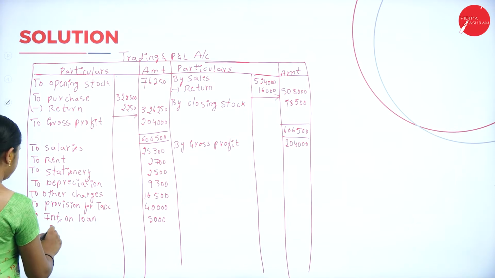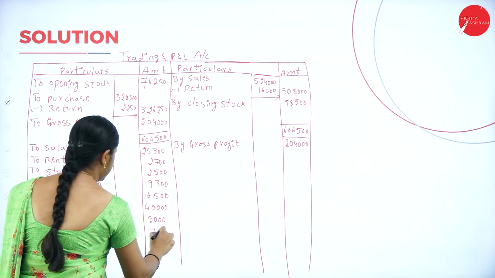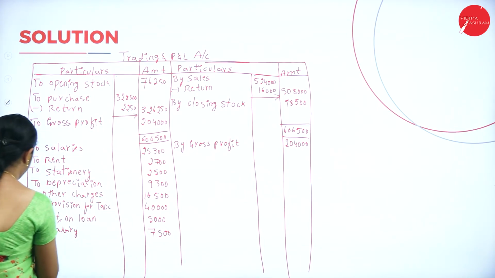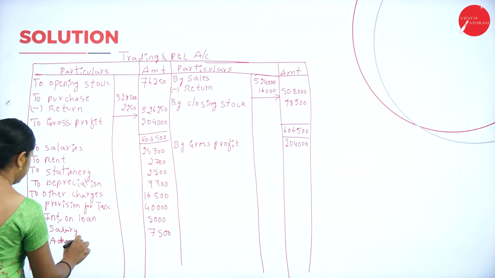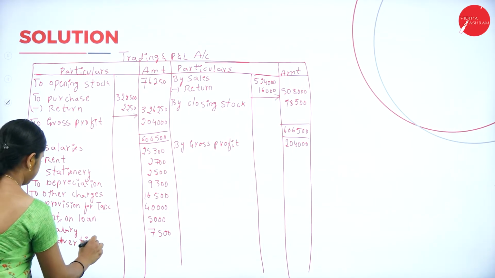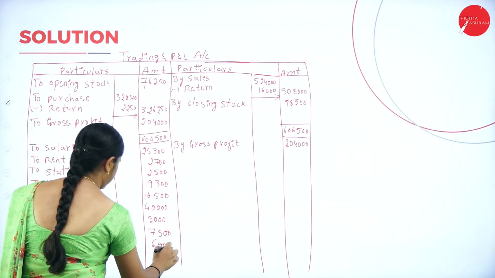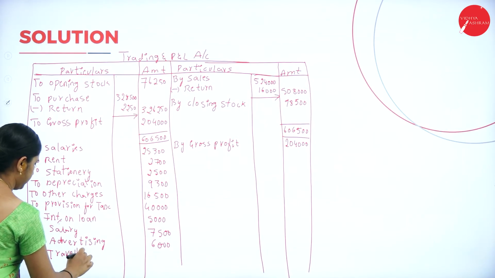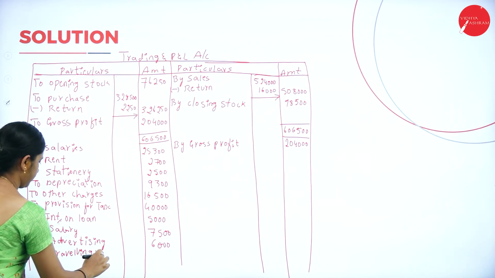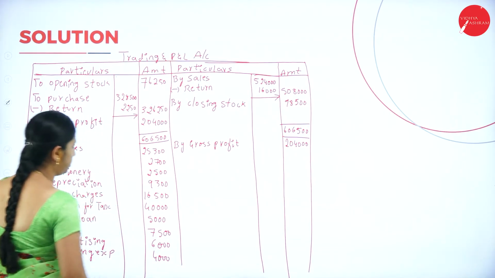Again, salary 7,500, to advertising 6,000, to travelling expense 4,000.